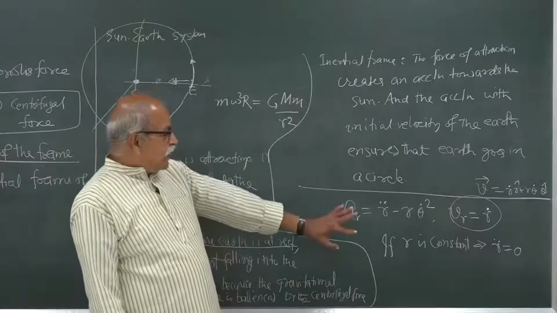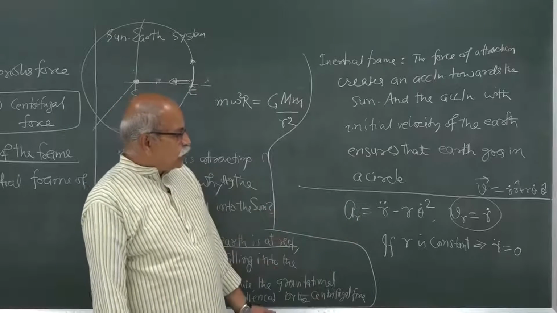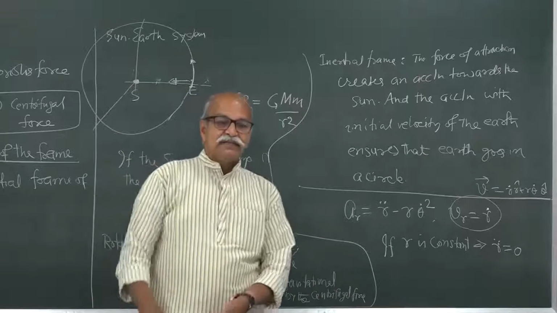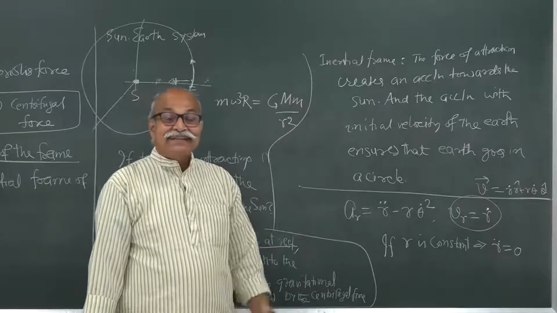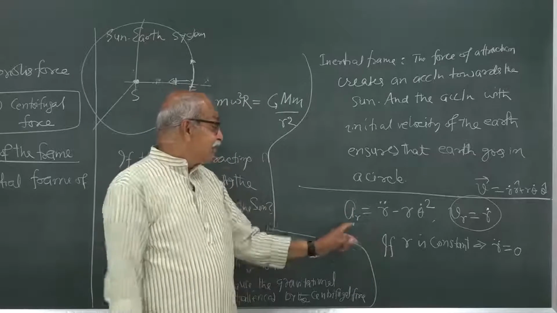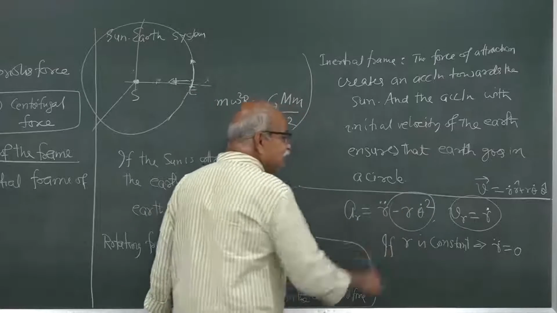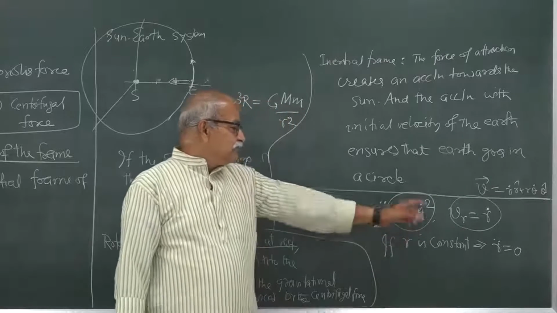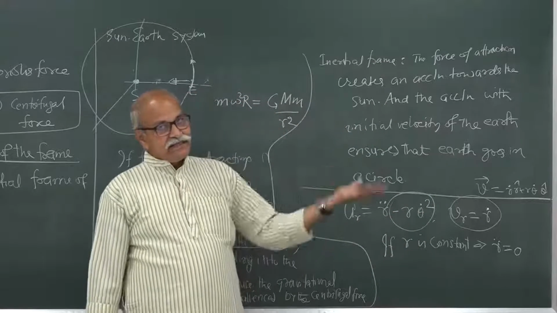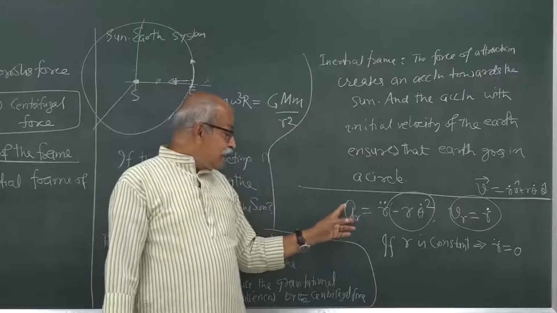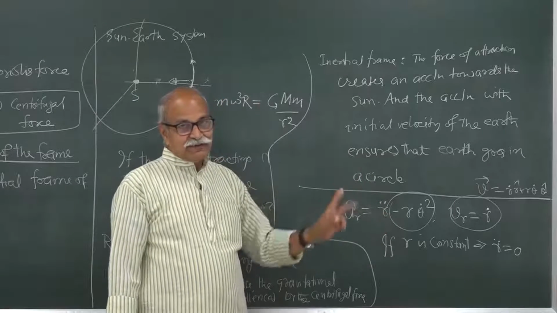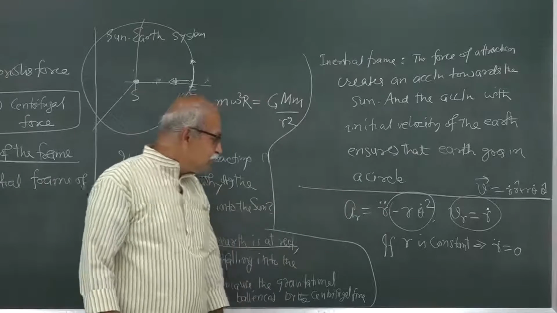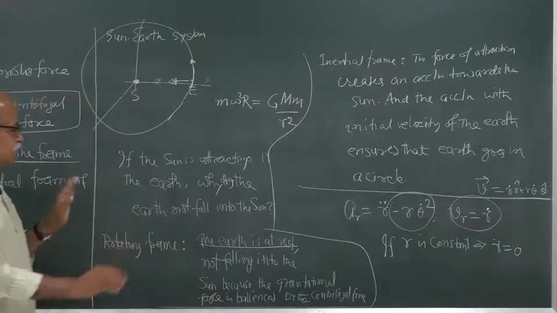So, if r is constant, r dot is 0, there is no radial velocity, and r double dot is 0, but that does not mean that the radial acceleration is 0, because this term is also there. So, if theta is changing, then you can have acceleration without r double dot. We had done some problems on this also. So, these are the things that you must remember.